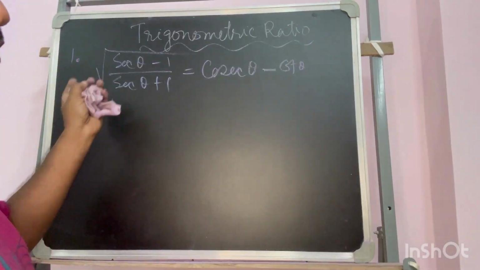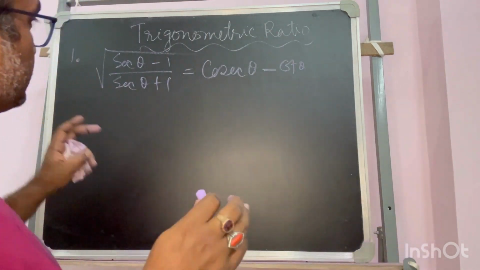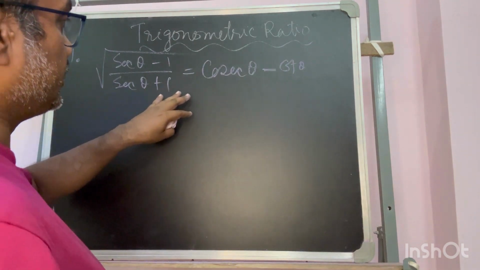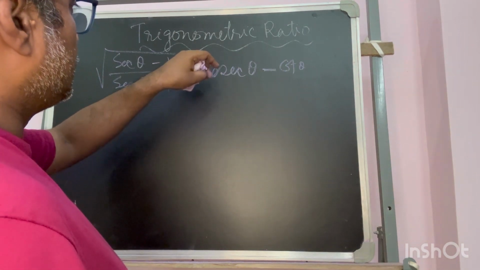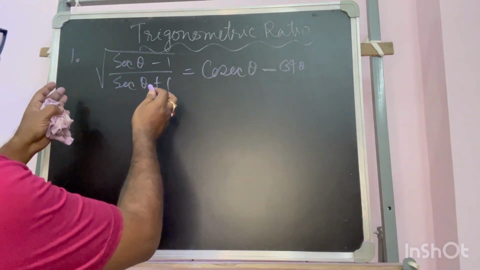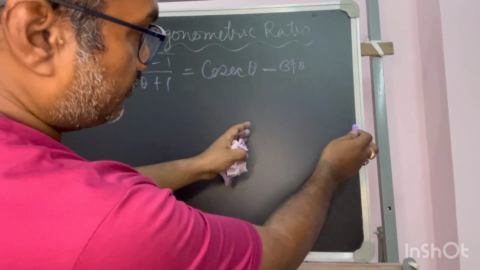So anything you can convert into the other ratios. If you keep that in mind, then when ratios are given to prove any relation, you can take any part and convert it into the other part.